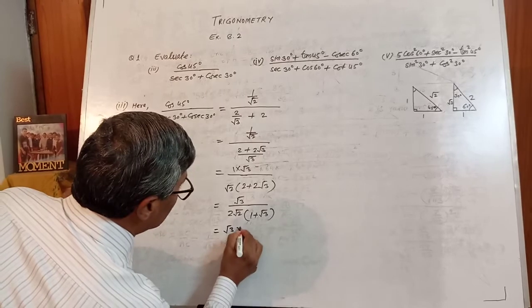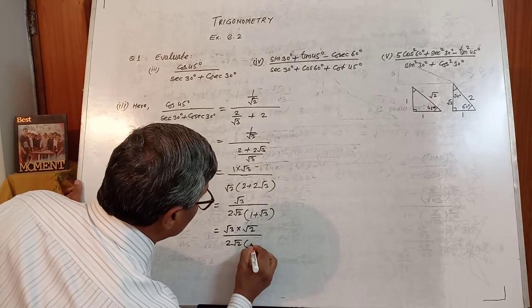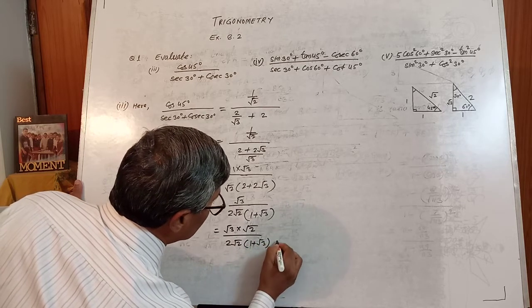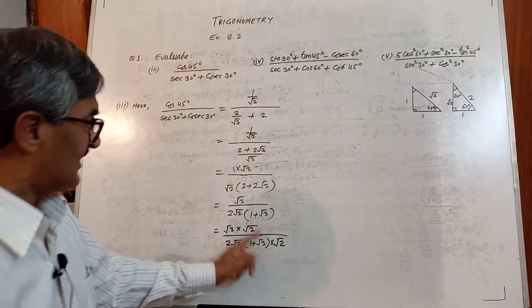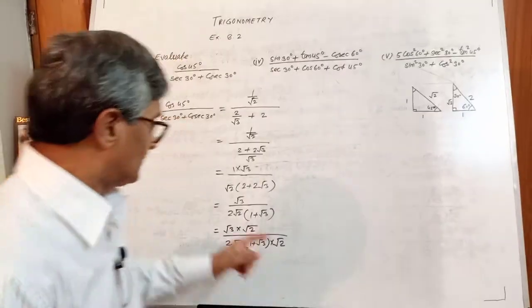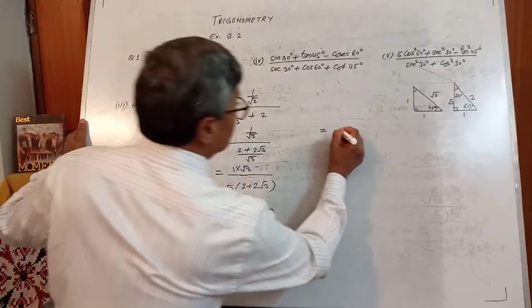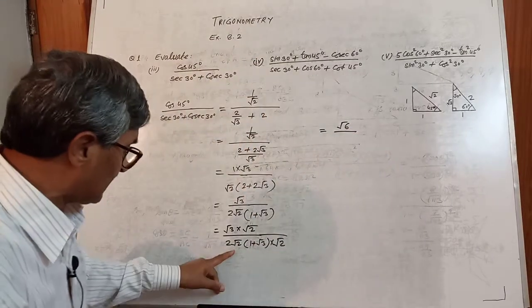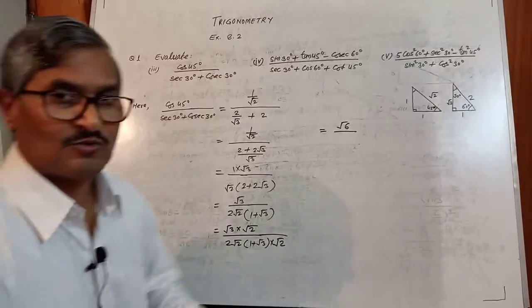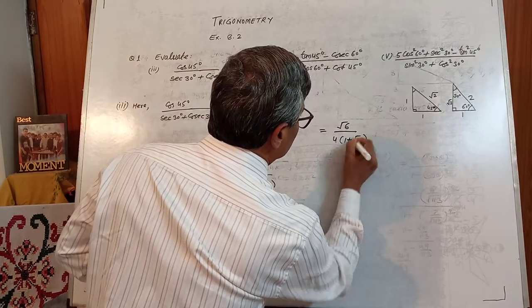Under root 3 into root 2 upon 2 root 2 into 1 plus root 3 into root 2, multiplying numerator and denominator by root 2. So this will become root 6 divided by root 2 into root 2. Root 2 and root 2 multiplied become 2, and 2 into 2 is 4. We are getting here 4 into 1 plus root 3.